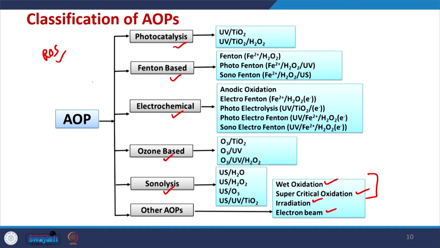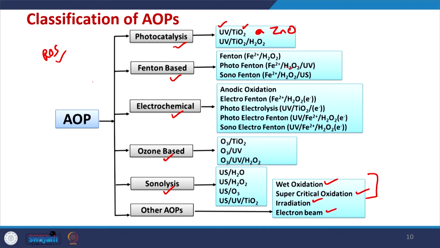Now, the first of them is photocatalysis. In photocatalysis we use catalysts such as TiO2 or zinc oxide etc. to produce reactive oxygen species in the presence of ultraviolet rays. So, the key thing is that they require photons for excitation, so we require ultraviolet rays.